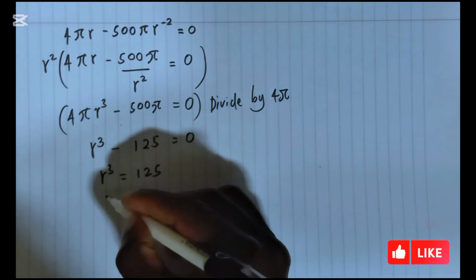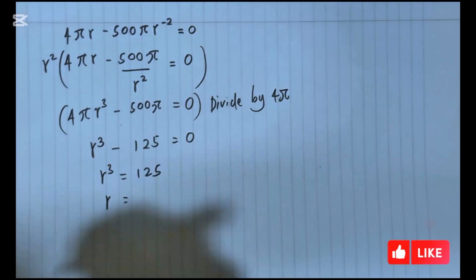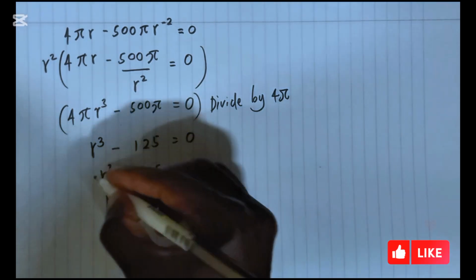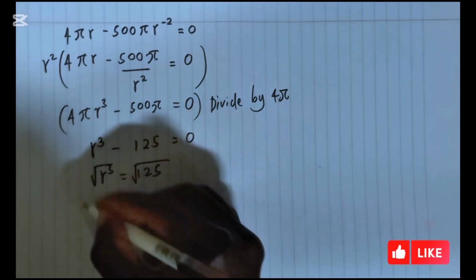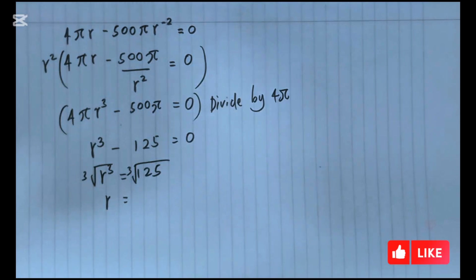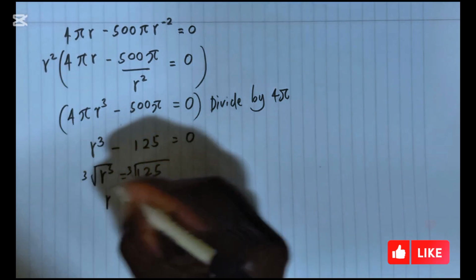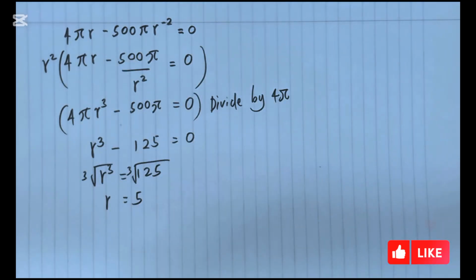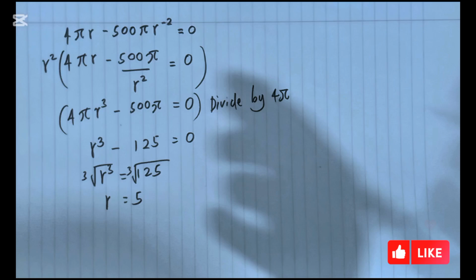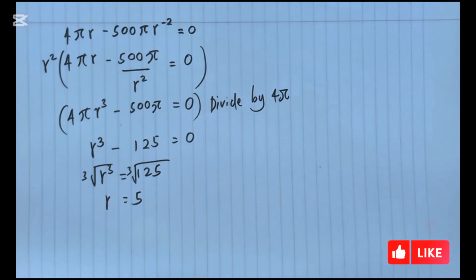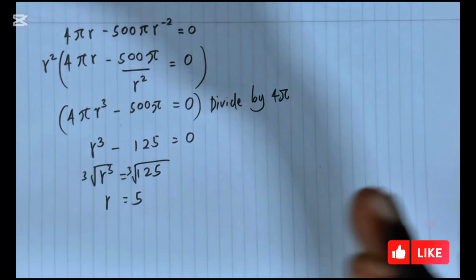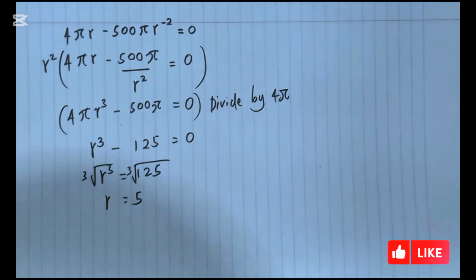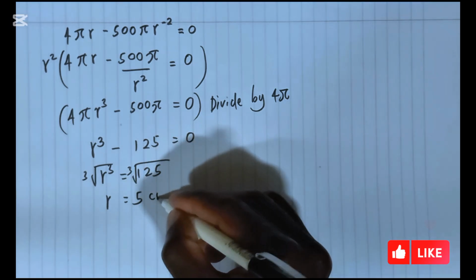And so for us to find the value of r, we find the cube root of the left and the right hand side. The cube root of this particular number here is actually 5. So that means that the value of r is 5. So we've solved the value of r here, and so we can emphatically say that the radius of this closed cylindrical tin will be equal to 5 centimeters.